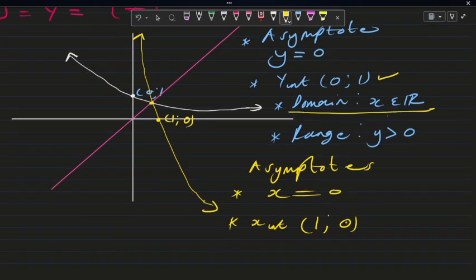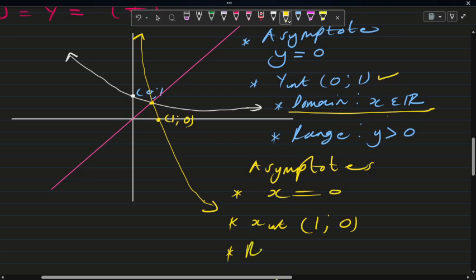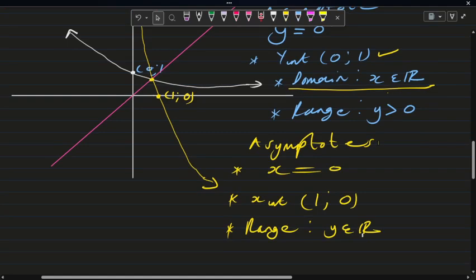The domain of the function becomes the range of the inverse, so the range of the inverse will be given by y is an element of all real numbers.